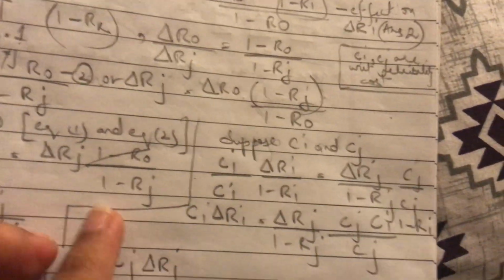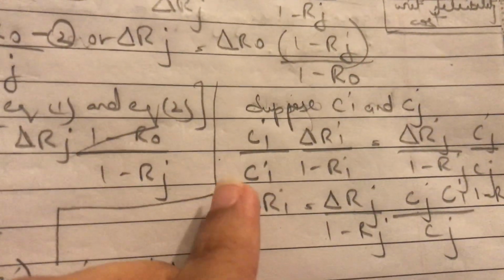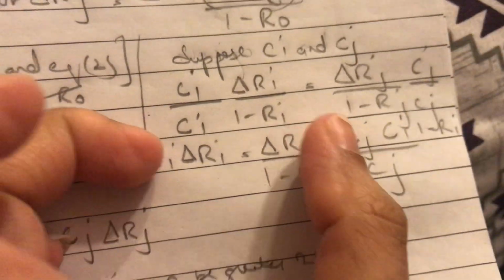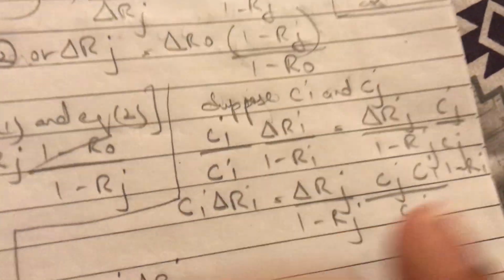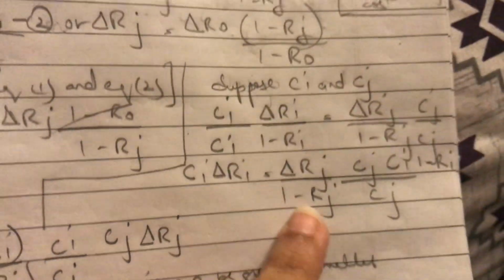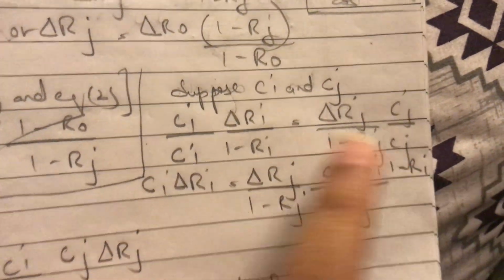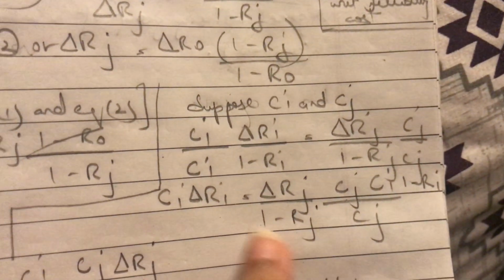So what was our next goal? You remember, we keep the look-wise same components together, and the different looking items we put aside. So here, what are the same looking items? It is 1 minus Ri and 1 minus Rj.